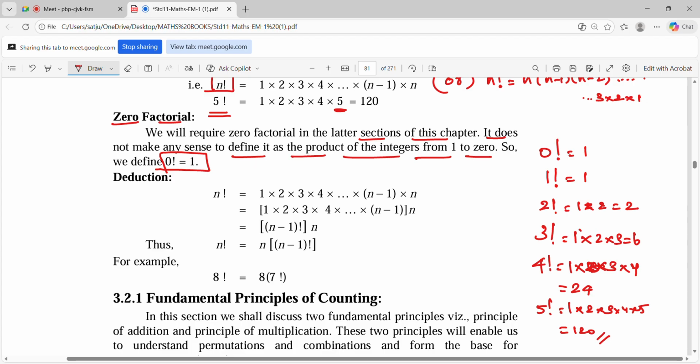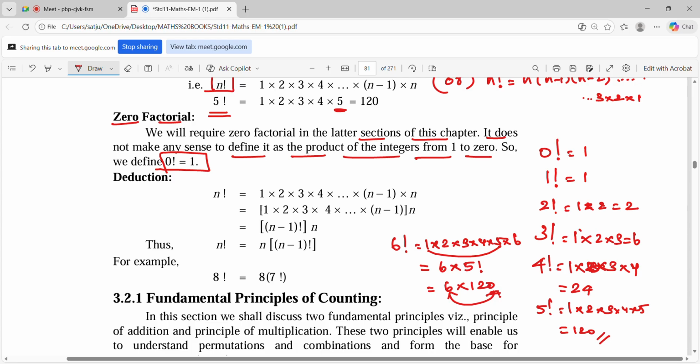Now try to understand: 6 factorial is nothing but 1 into 2 into 3 into 4 into 5 into 6. Here 1 into 5, that is, this part can be written as 5 factorial. So here we are writing it as 6 into 5 factorial. You know the value of 5 factorial is 120. When the unit digit is 0, if it is multiplied with any other number, surely you will get 0 only in the unit place.